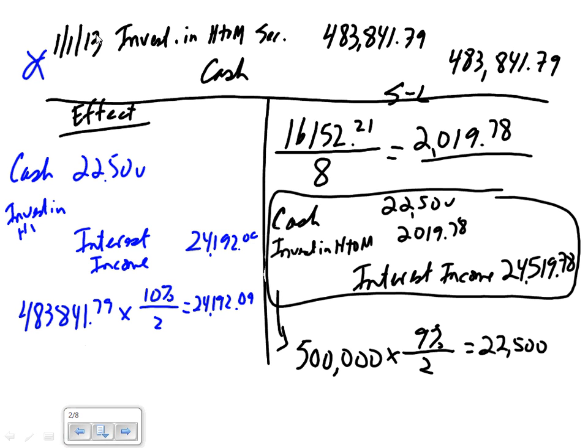That means investment in held to maturity securities is a plug figure, and it's going to be $1,692.09. This is an important part about the difference between the effective interest method and the straight line method. When we do the effective interest method, the amortization of the discount or premium is the plug figure.